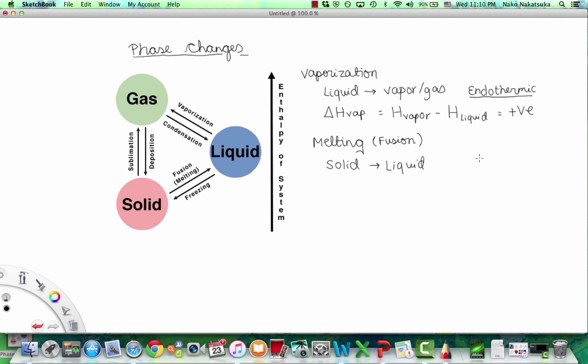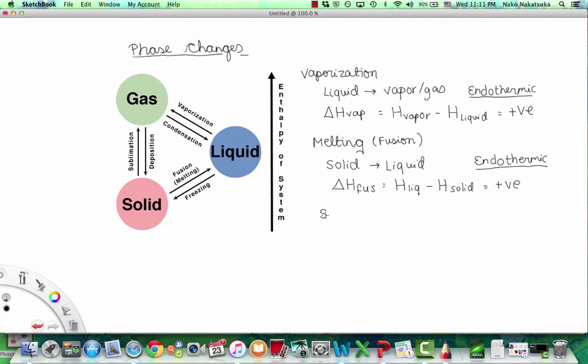You have to supply heat again, right? So it's the exact same thing. It's endothermic. You need to supply heat for the reaction to occur. So the enthalpy of fusion, which is written like so, is the enthalpy of the liquid minus the enthalpy of the solid, which is, again, positive.